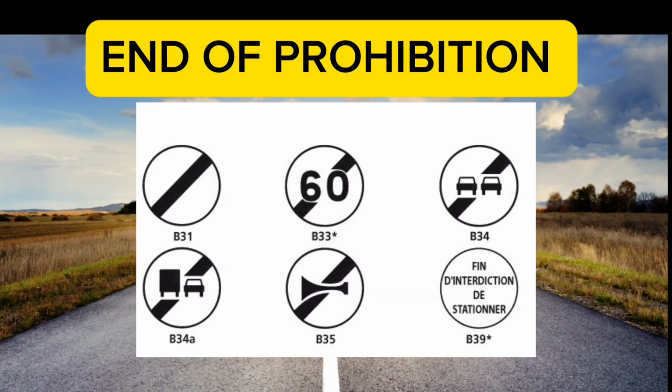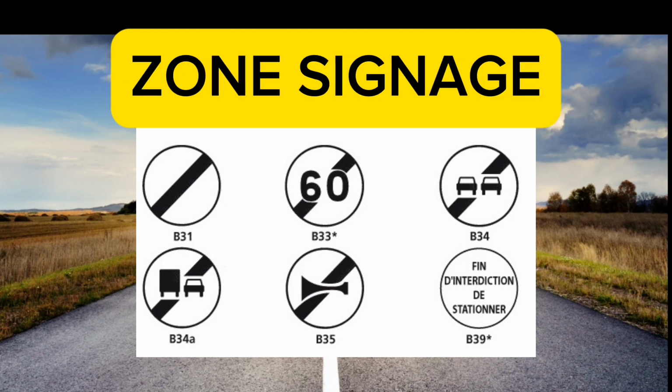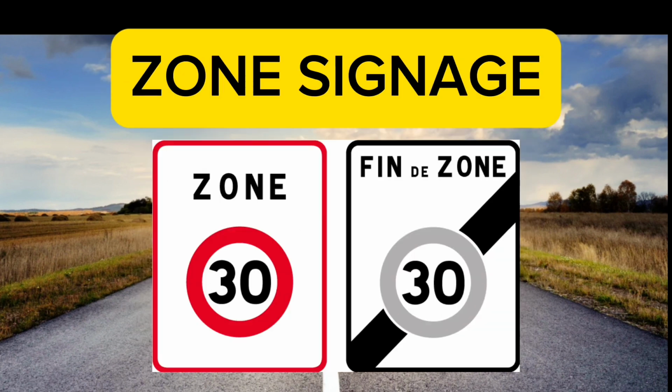Then, end of ban signals. They are round in shape, with a white background crossed with a black line. They indicate the place from which the previously reported ban for moving vehicles ceases. Then the zone signal. The zone signal consists of a rectangle that surrounds a prohibition sign.